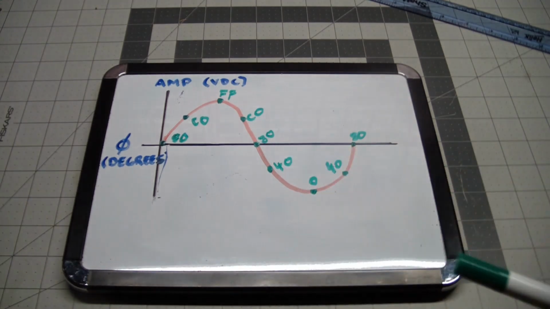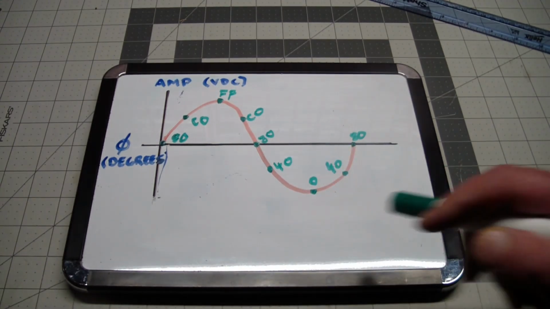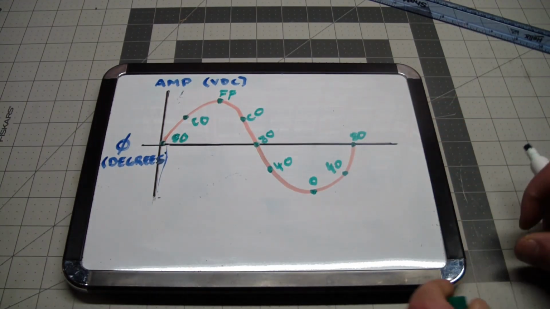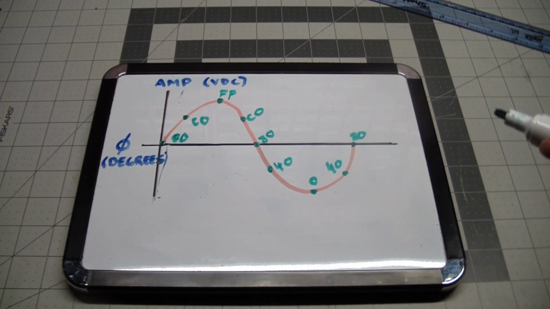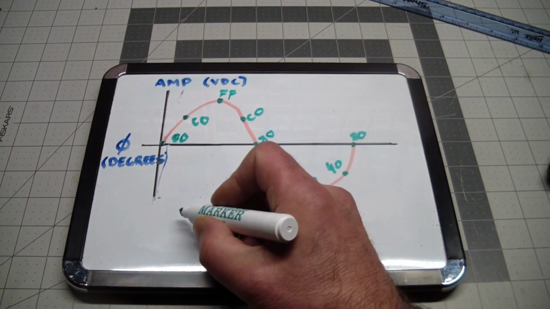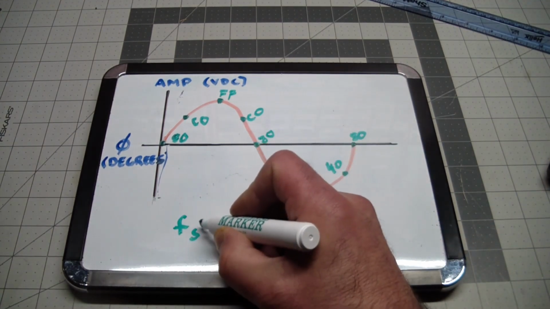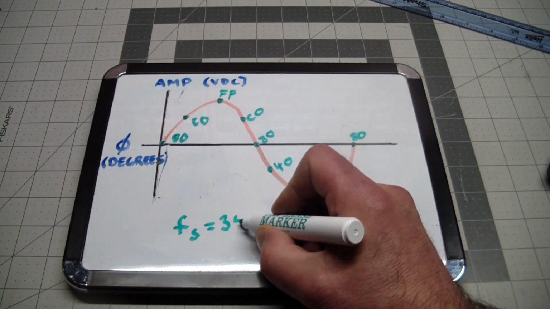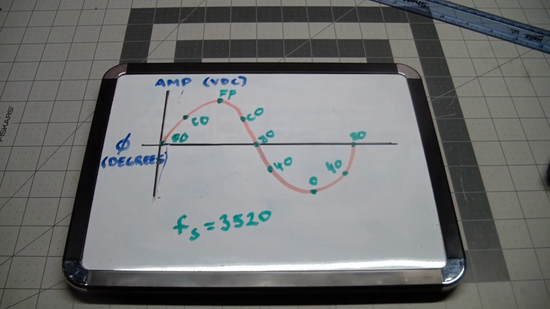And if we want a 440 hertz signal, and we're sampling it 8 times, what that means is we end up with a sampling frequency of, yes, I need a calculator for that, 440 times 8. So our sampling frequency, Fs, is 3,520 hertz.